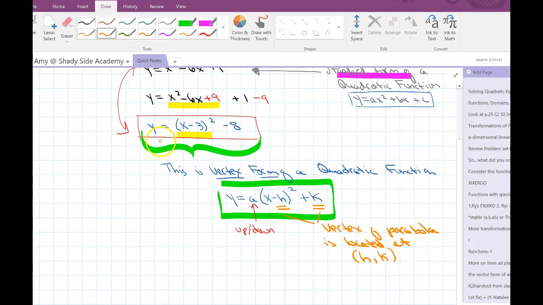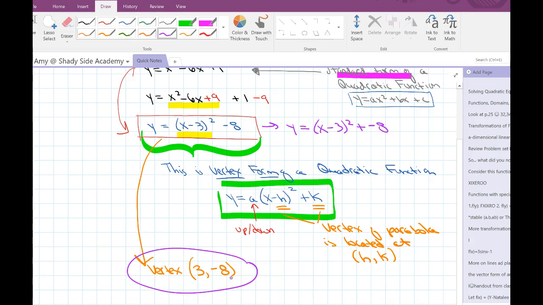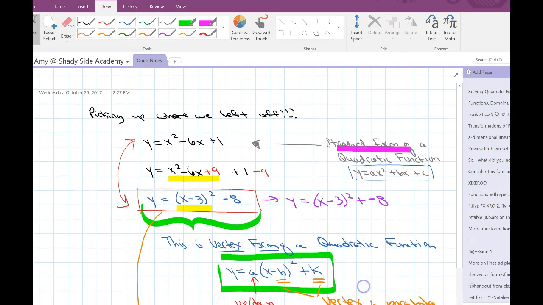So back over here, the vertex of this parabola is at 3, be careful, 3, -8. If I want to make this look exactly like this, I could write it the same way, y equals x minus h squared plus k. That makes it more explicit if you can't see how the plus and minus work. So that's the vertex. And that is the beauty of taking a parabola written in standard form and rewriting it in vertex form.